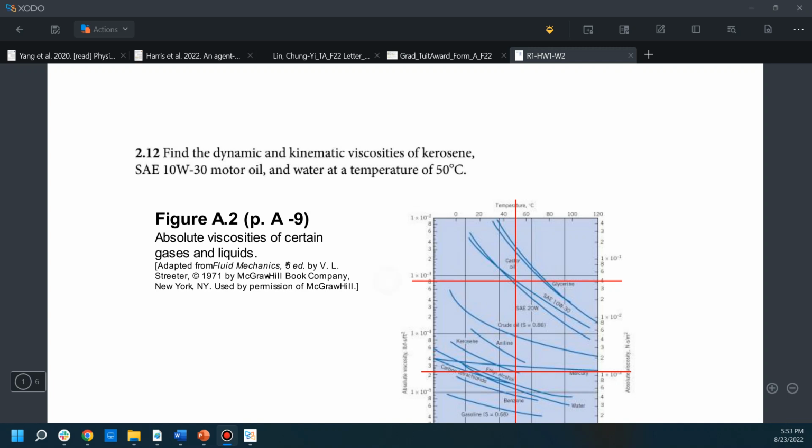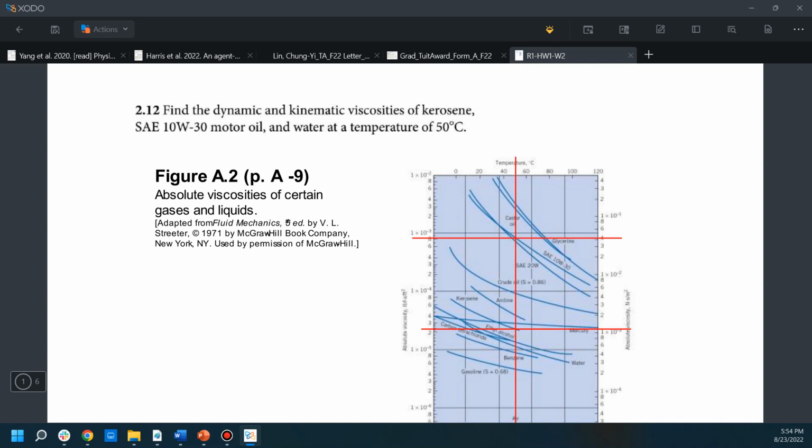So let's start. The first problem, 2.12. We want to find the dynamic and kinematic viscosity for the kerosene, the motor oil, and water at a temperature of 50 degrees Celsius. Let's label the kerosene as 1, the motor oil as 2, and the water as 3. We denote the dynamic viscosity as mu, and the kinematic viscosity as this symbol.